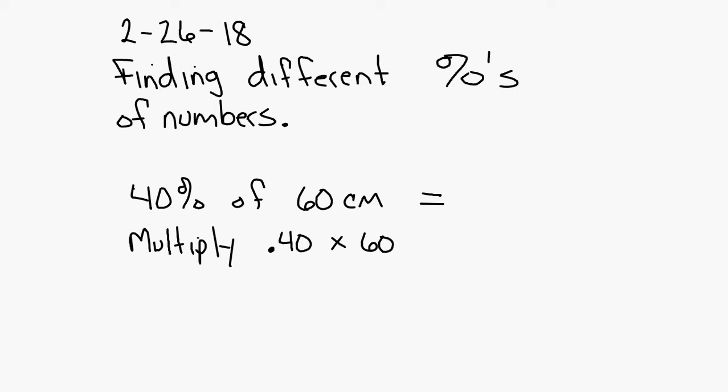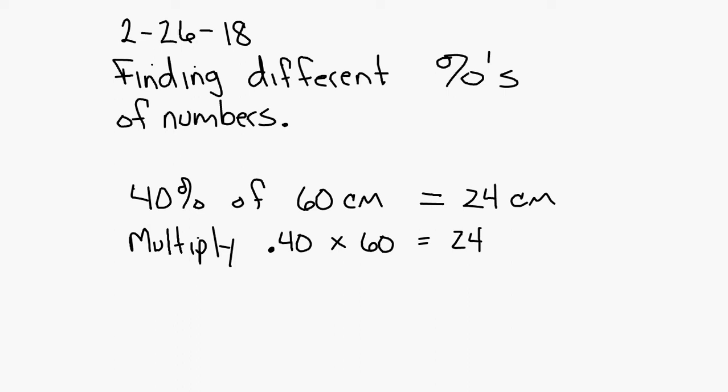So in your calculator, if you take 0.40 times 60, you get 24. So 40% of 60 centimeters would be 24 centimeters. Everybody all right with that?